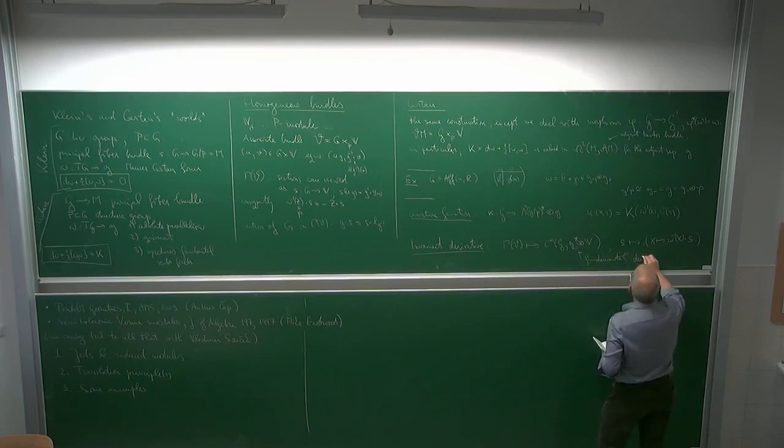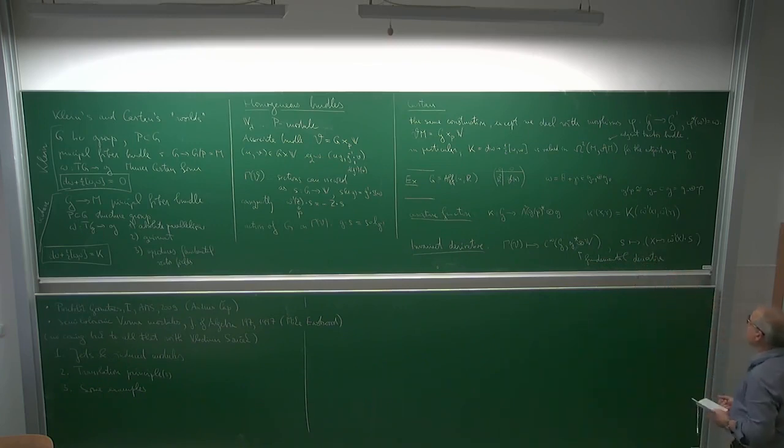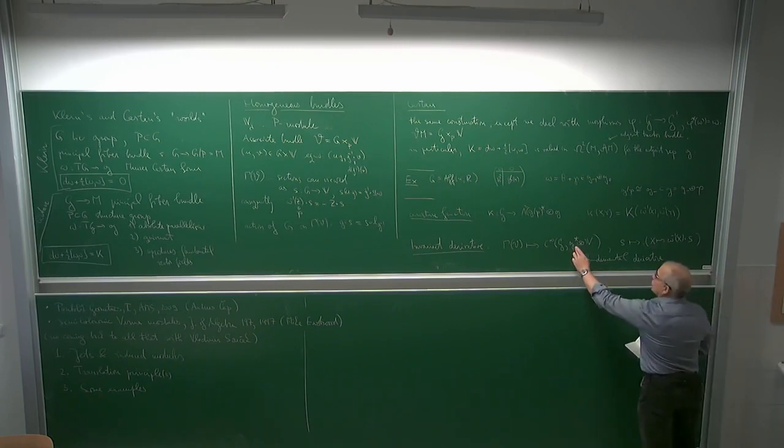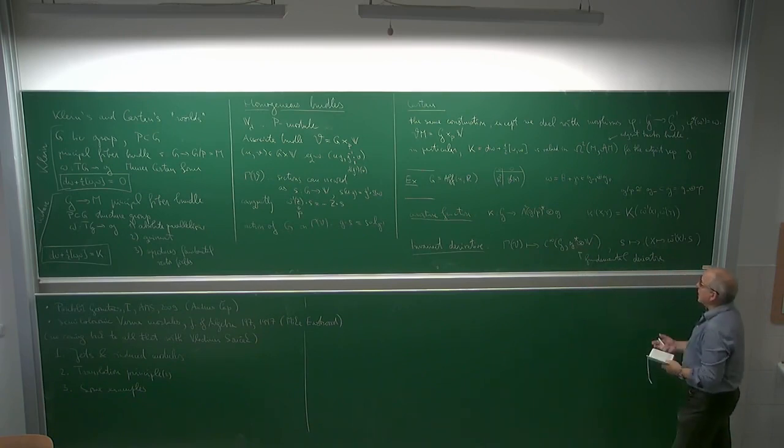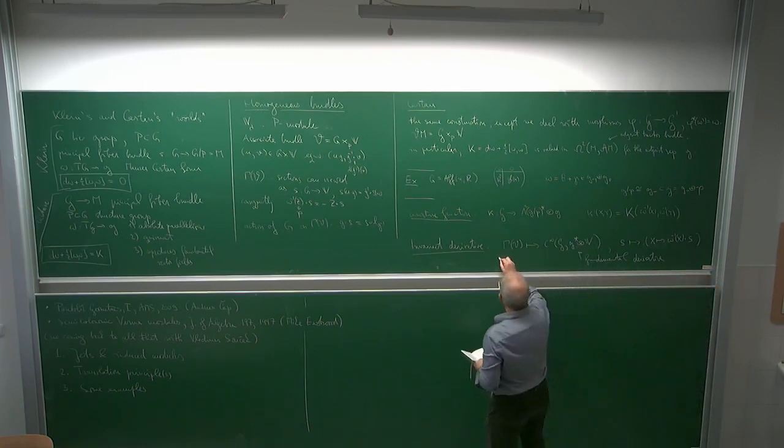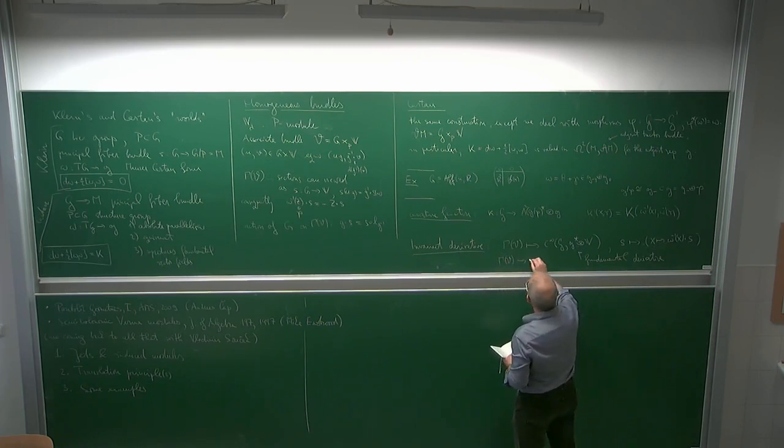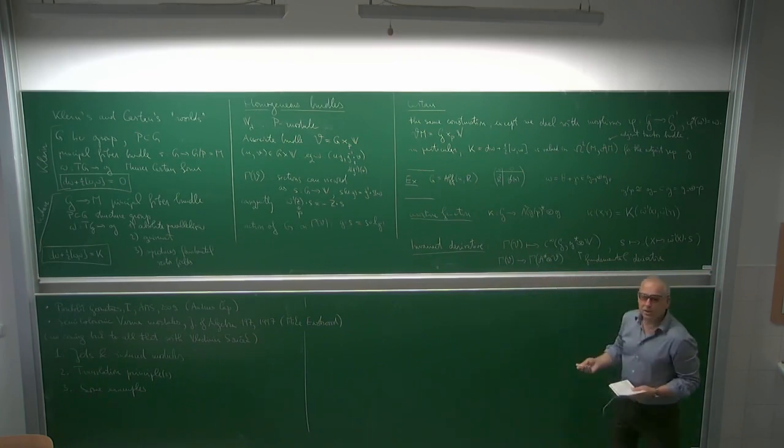You may see that it's quite straightforward to show that it may also be seen as a mapping which goes from gamma V into gamma A star tensor V, and it's invariant.